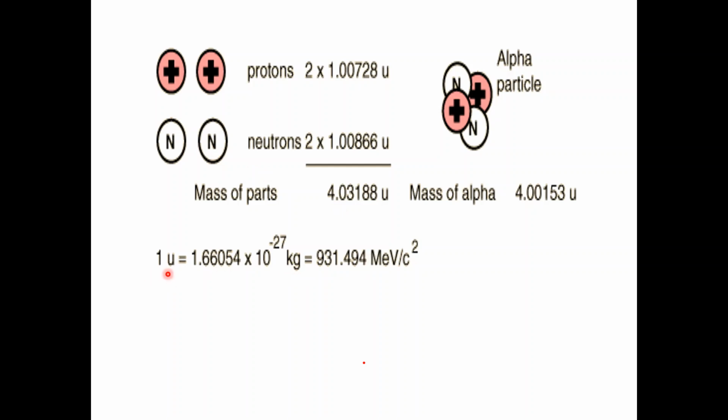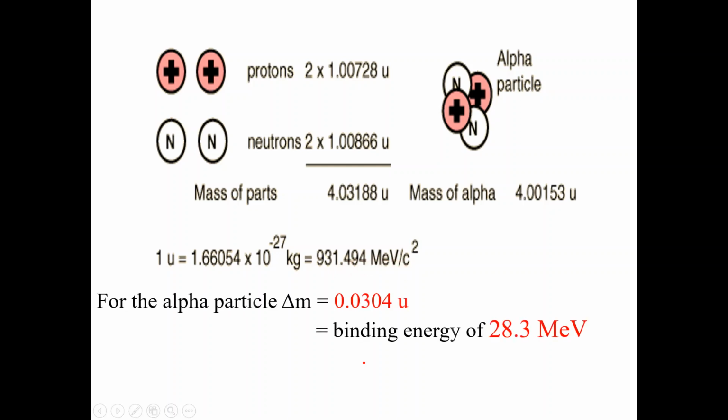We remember 1 U is equal to 1.66054 times 10 raised to power minus 27 kg, which in terms of energy units is equal to 931.494 mega electron volt per c squared.